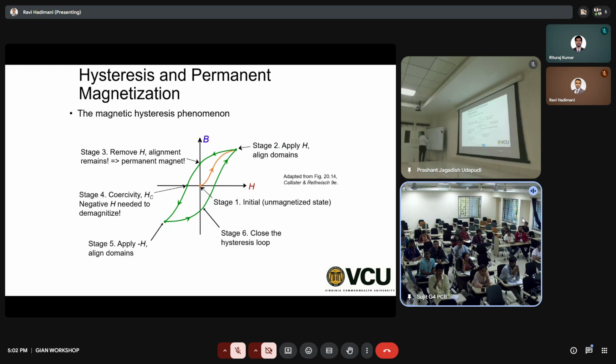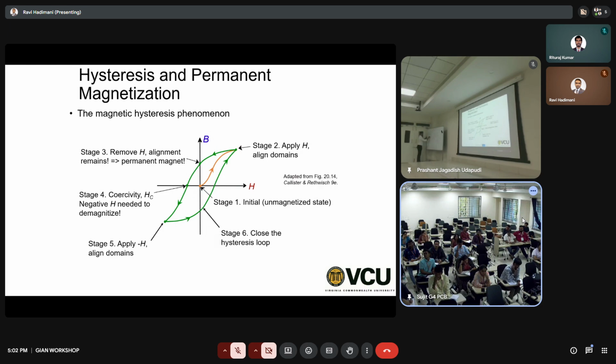I'll make it easier for you. A lot of the materials, this is H, and let's do M for simplicity. That is MS, saturation magnetization.